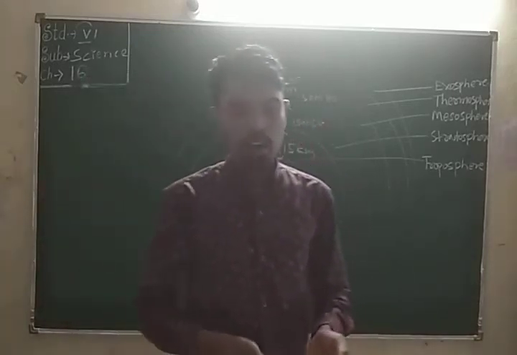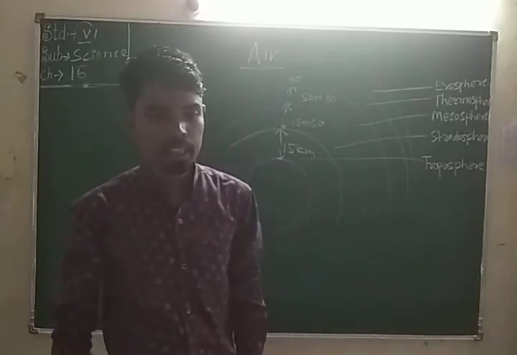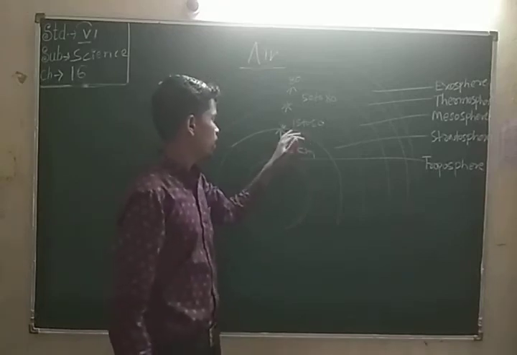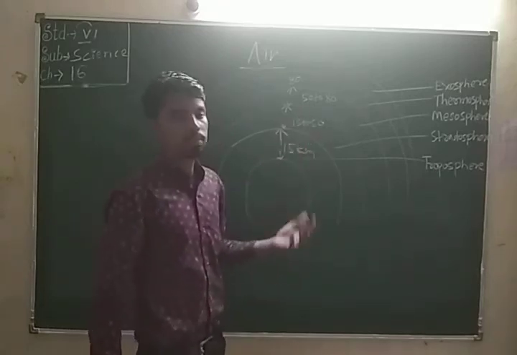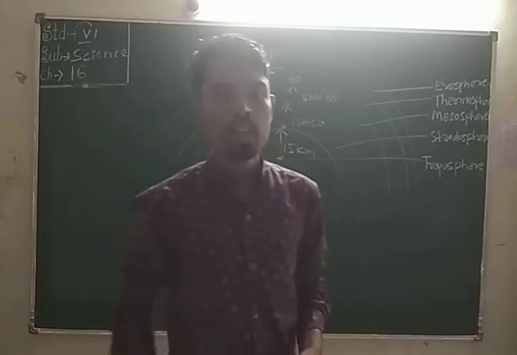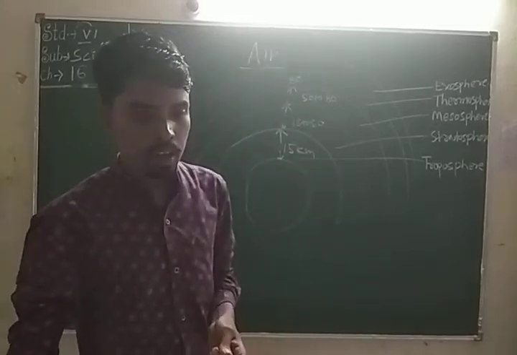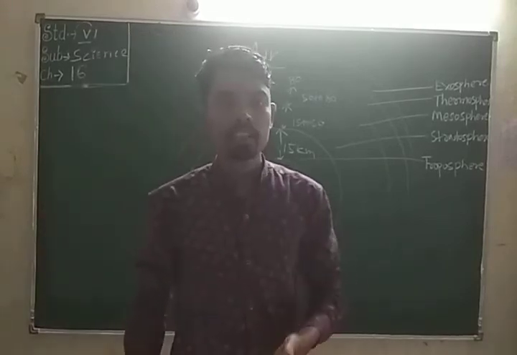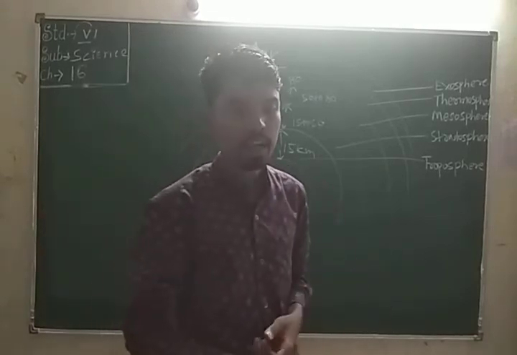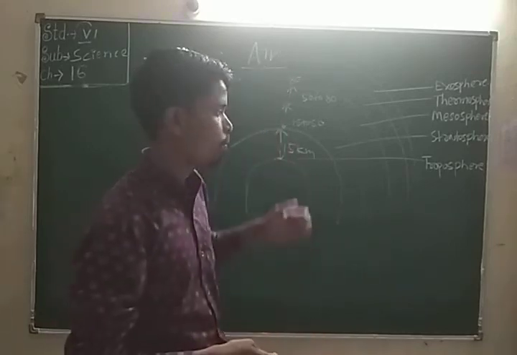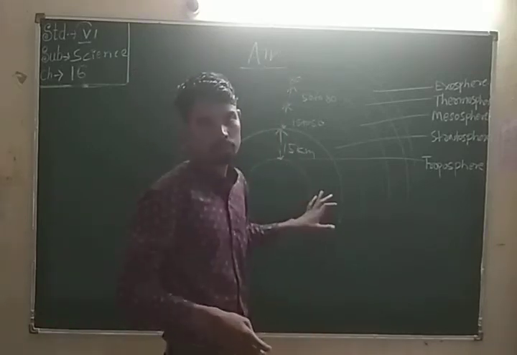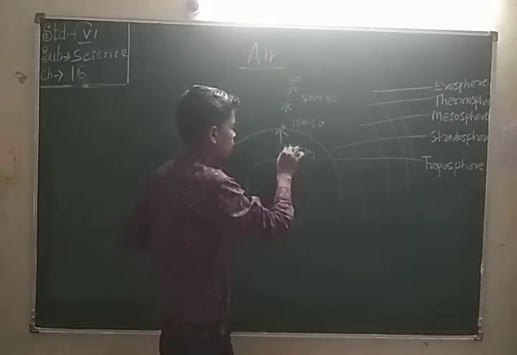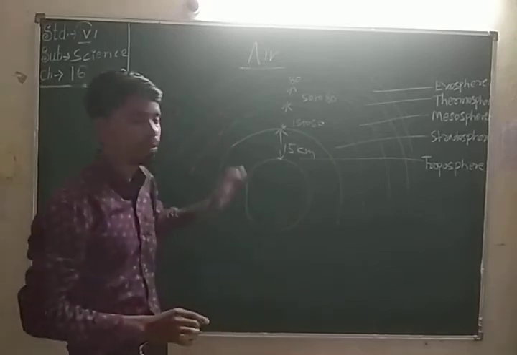Temperature and pressure fall as we rise from the troposphere to the stratosphere. Some of the water vapor changes into ice and gets trapped. Most of the clouds are formed in the troposphere, which covers 15 km from the earth.